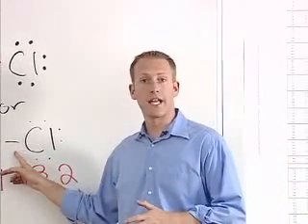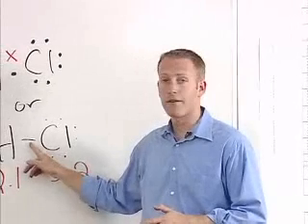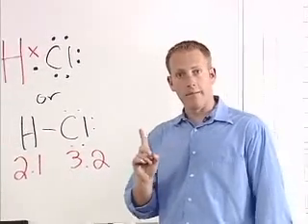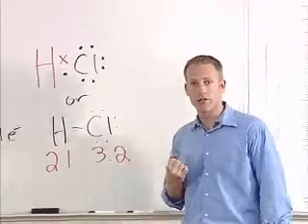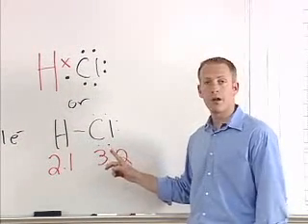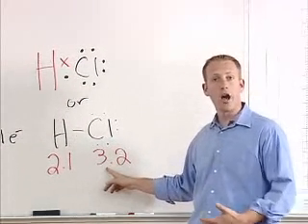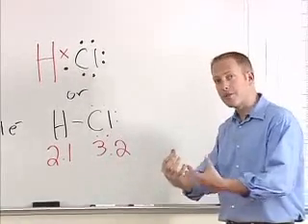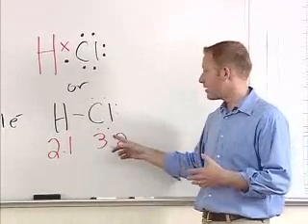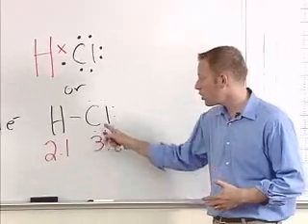They're both sharing the electrons, but one of them is pulling a little bit harder. Which one's pulling harder? Well, chlorine has a higher electronegativity. So chlorine is pulling a little bit harder than hydrogen, so the electrons are closer to chlorine.